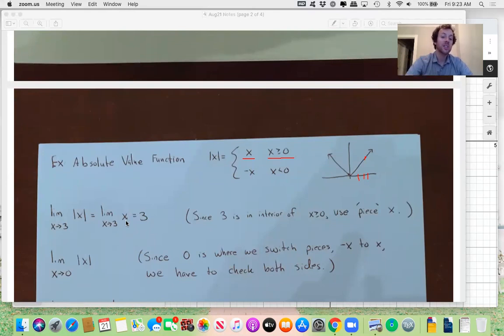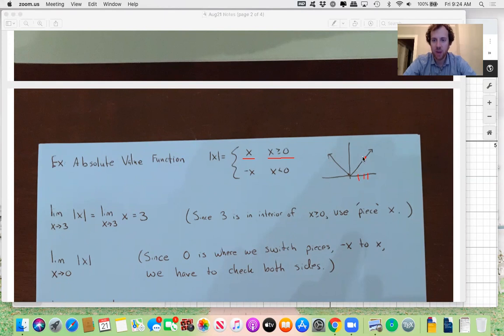And once you've replaced this piecewise function with the particular piece, now you can treat this like the other limits that we've encountered. In particular, in this case, this is a polynomial. You find limits of polynomials by evaluating. So you put in 3, and we get this number 3. So that isn't surprising given the graph.